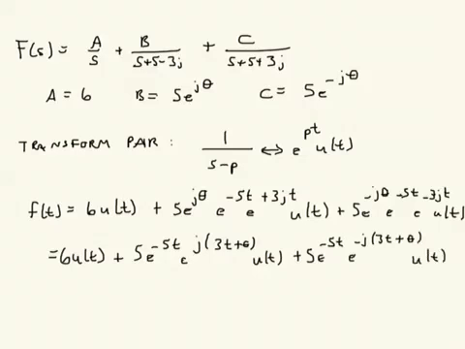Now, this is e to the j something plus e to the minus j something, all right? So that we can rewrite as a cosine.